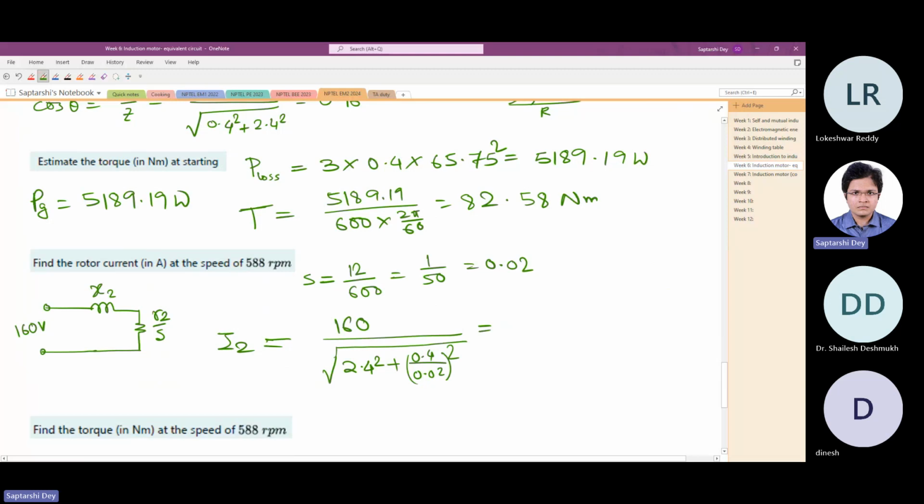So this is the rotor current at this speed. This will come out to be some 7.94 ampere.